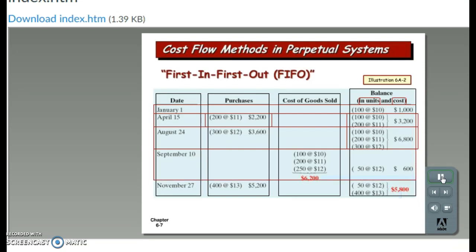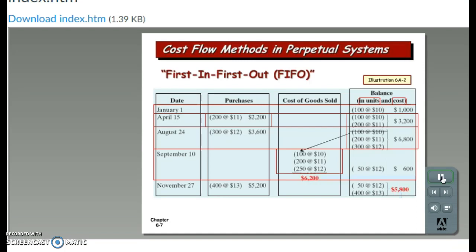Under FIFO, first in, first out, the 550 units sold will first come from the oldest inventory, the 100 units at $10 each. By marking through the 100 units, it signals the units are gone.